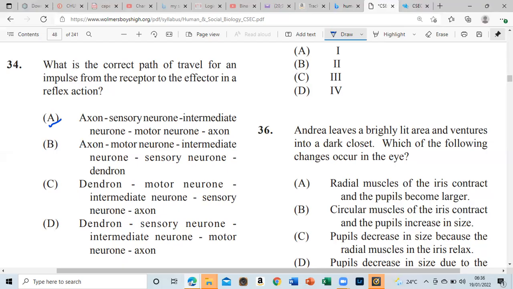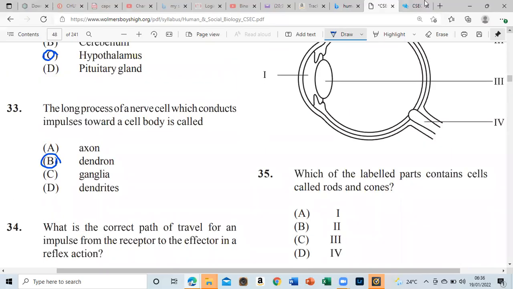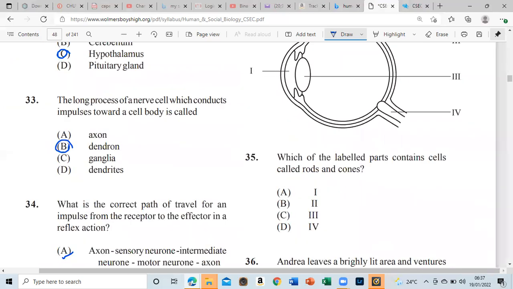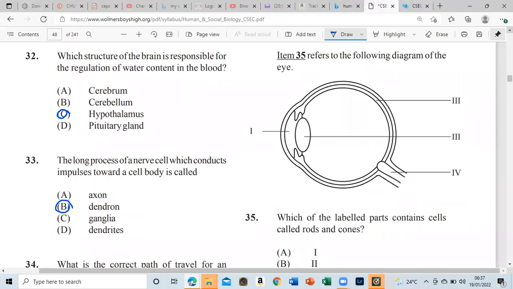Let's move on to 35. 35 is up top. All right, so let's go. Let me just zoom in on this so you guys can see a bit better. I want you guys to see everything. And this is the structure of the eye. All right, so let's go back so everybody can see.